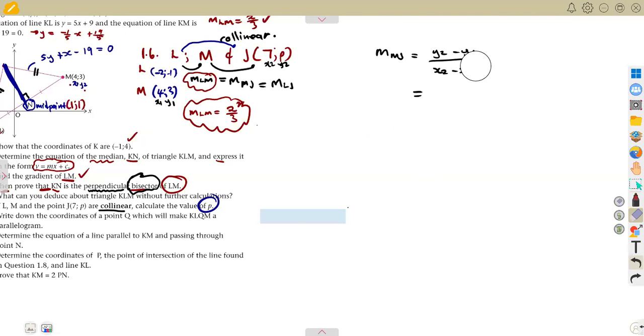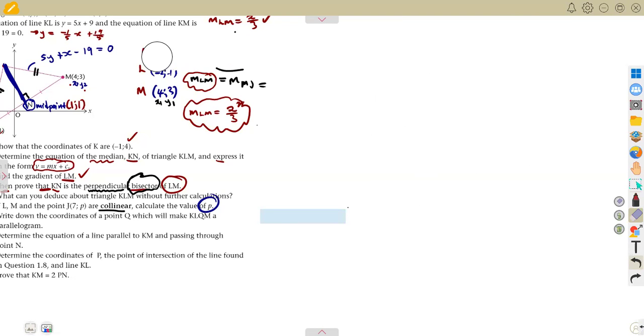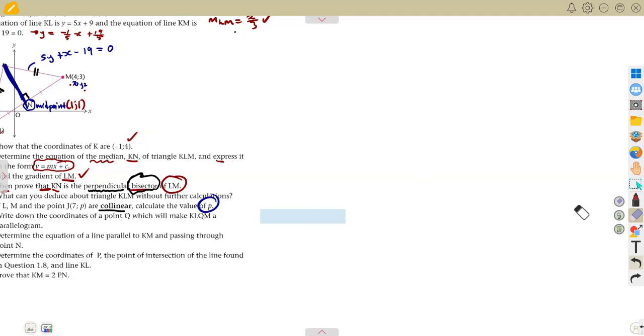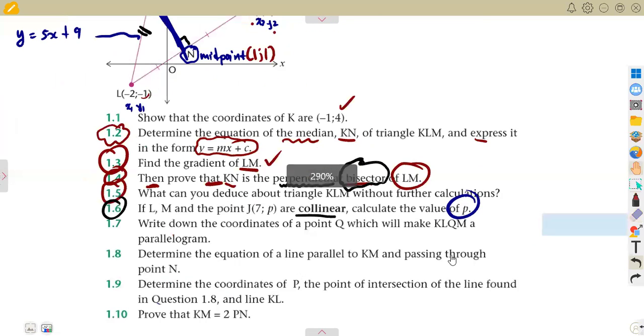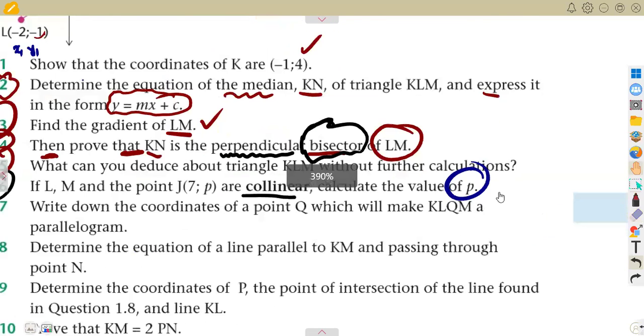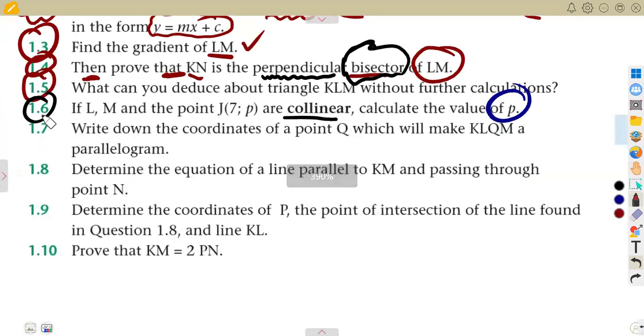Let us remember this value in case we are going to need it. All right. Let us consider 1.7: the coordinates of the point Q, which is going to make this whole shape KLQM a parallelogram.